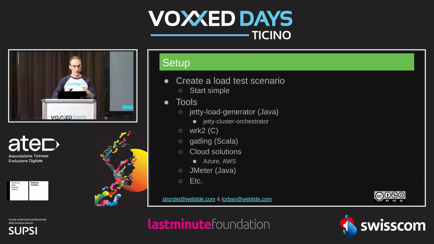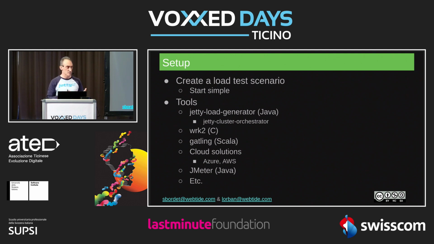Take this code on the client, upload it to all the 4, 5, 6, 7, 8 generators that you have, and run them all. And then the orchestrator gives us a distributed lock system so that we can say, okay, everybody ready? Go, right? And then we can start all the load generators at the same time together.